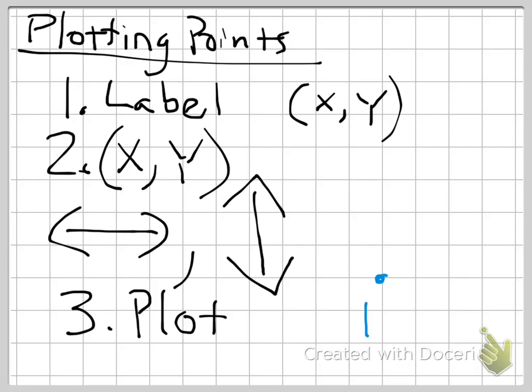I see a lot of people put it in the space. We want our numbers labeled directly on the line, so maybe that's a 1 and that's a 2, and this meets directly in the corner of 1 and 2. So all you have to do is plot your point, and that's pretty much it.